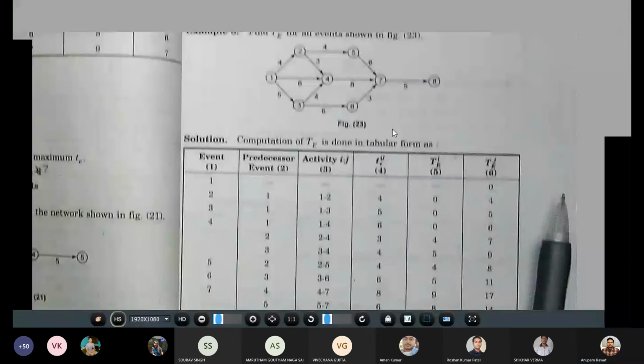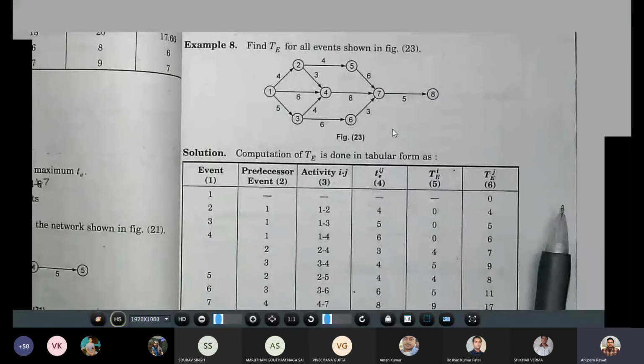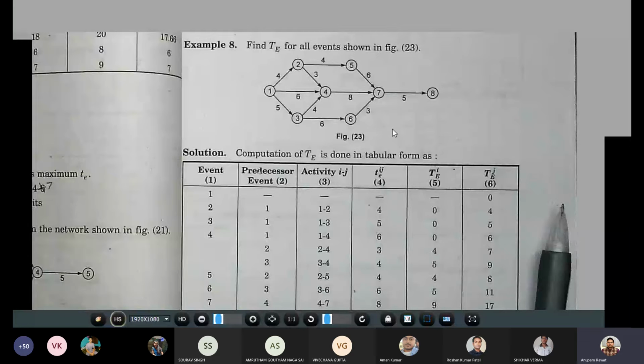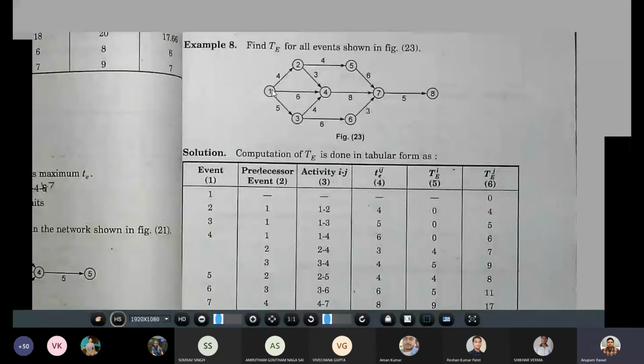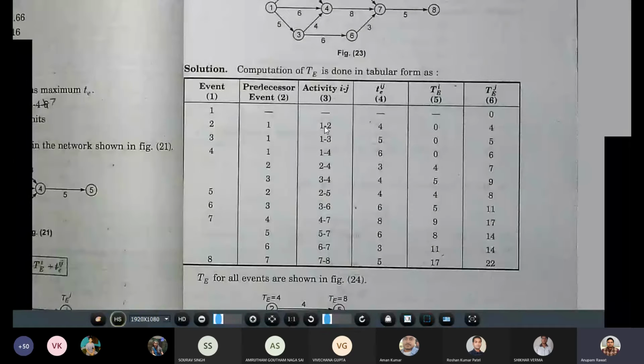Okay, so in this example, the network diagram is given to us, and we have to calculate the TE for all events. There are various paths, so for that, we have to draw the table. In this table, first the events are given, their predecessor event is also given, and activities are given.